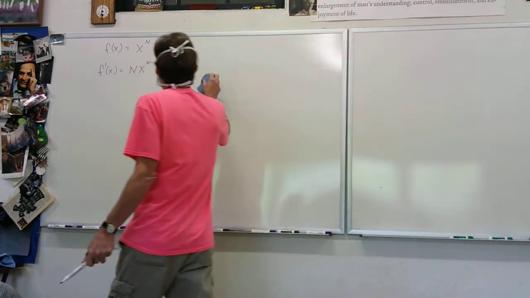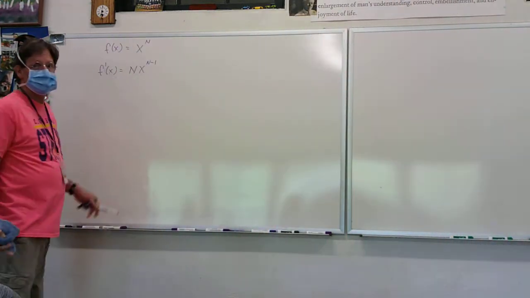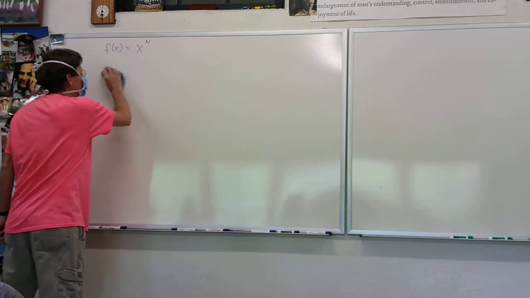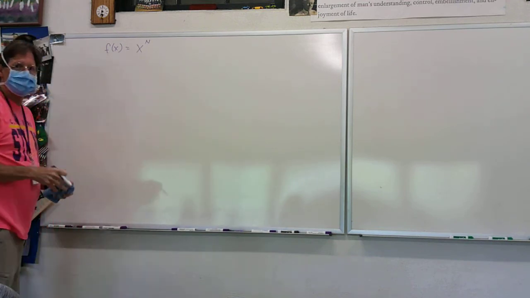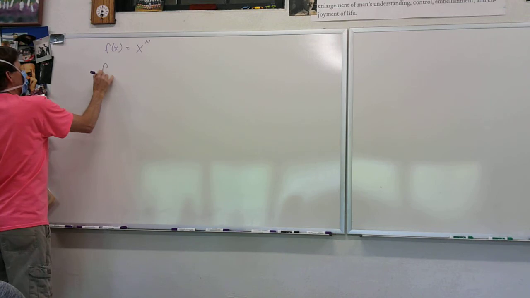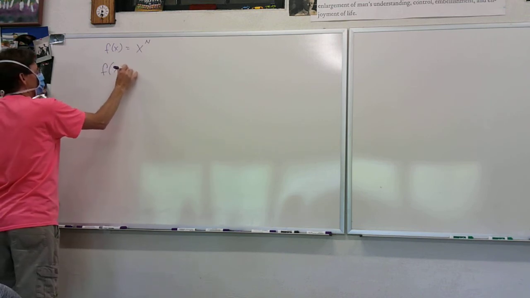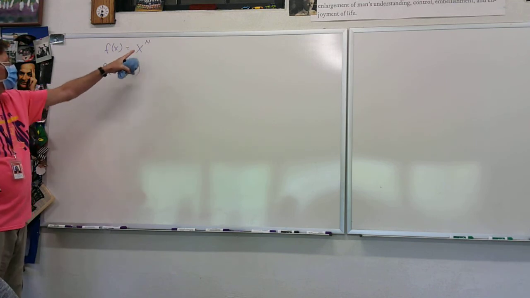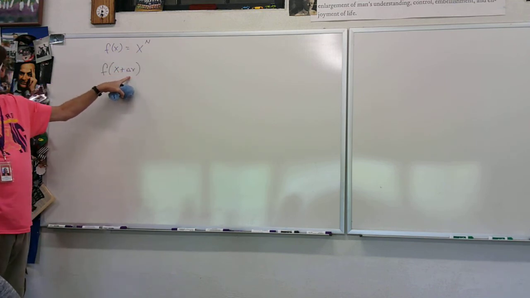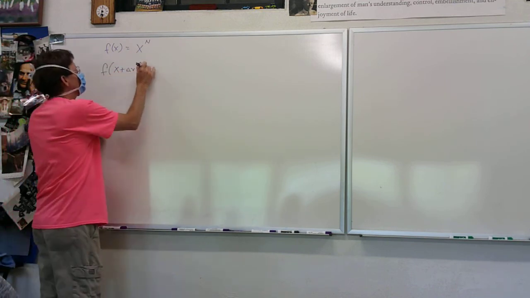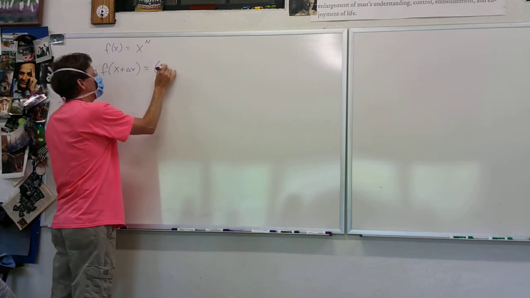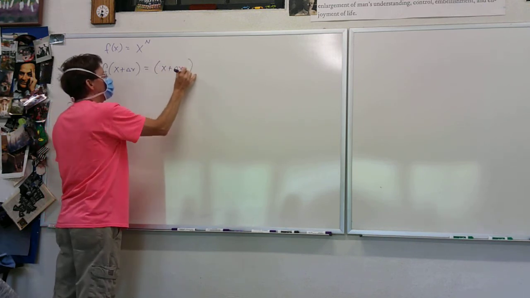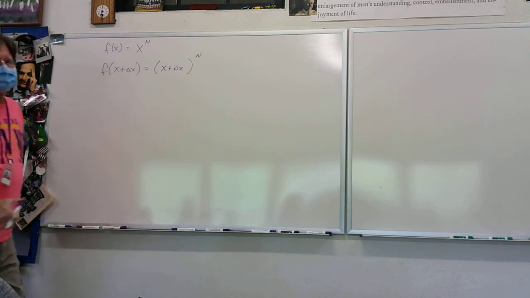All right. We're going to prove it. If we're going to prove it, here's what you have to do. F of x plus delta x. That means everywhere there's an x, you're going to put in what? X plus delta x. And you get that.